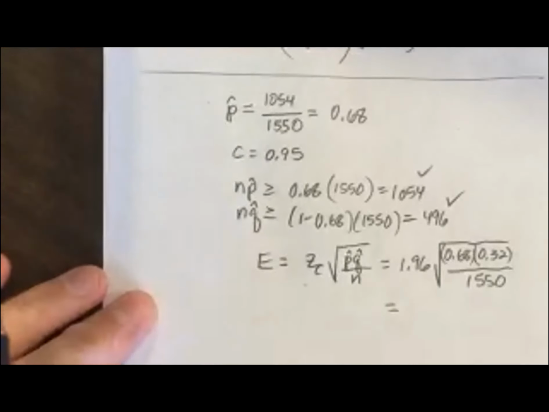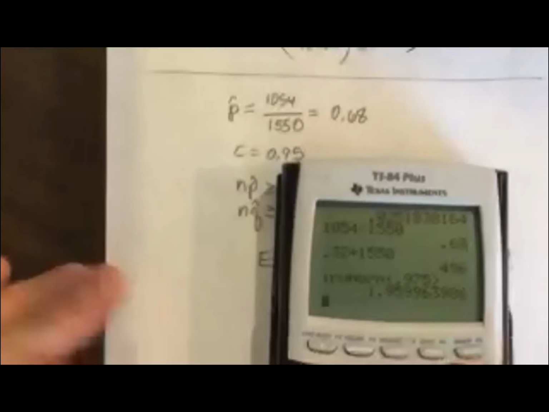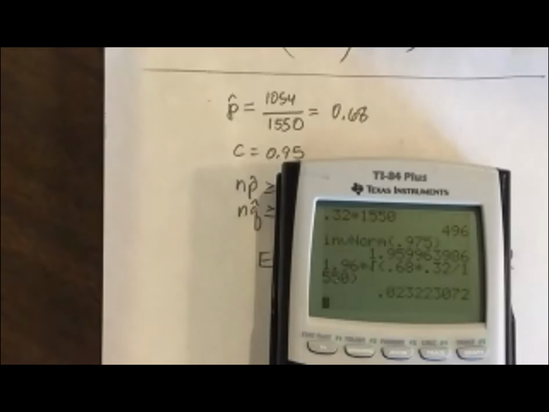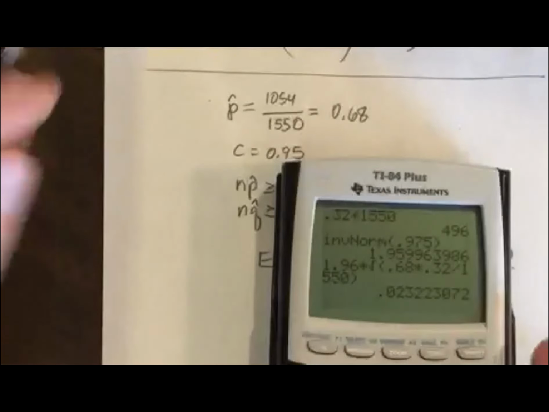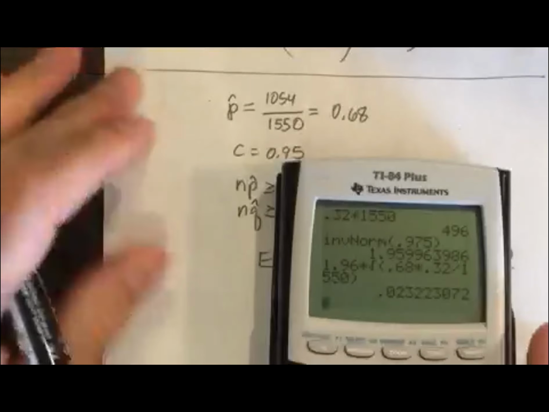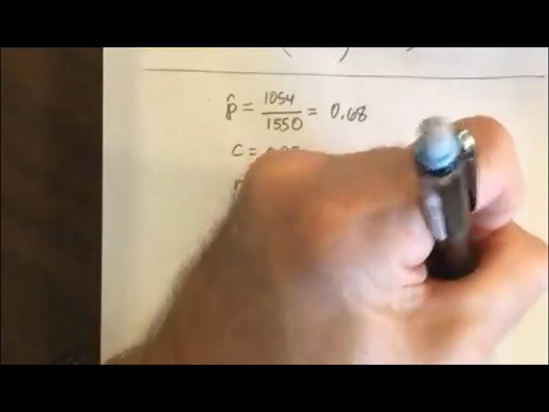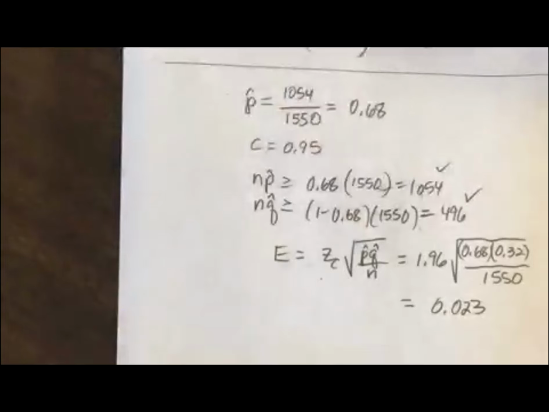So working that calculation out, 1.96 times the square root of 0.68 times 0.32 divided by 1550 equals 0.023. So about 2.3% margin of error.